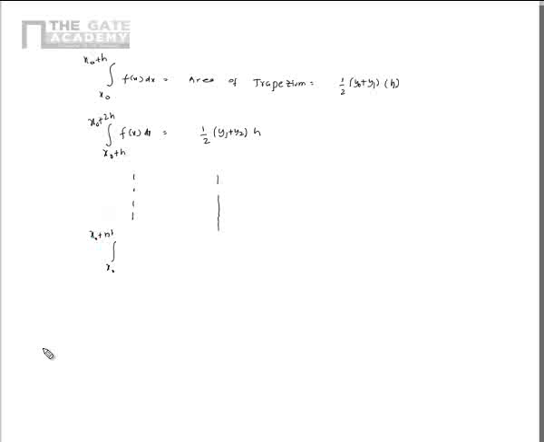So all this, if you proceed and add together, what you will get is the integral from x0 to x0 plus nh of f of x dx, which is half y0 plus y1 times h, plus half y1 plus y2 times h, plus half y2 plus y3 times h, and so on.